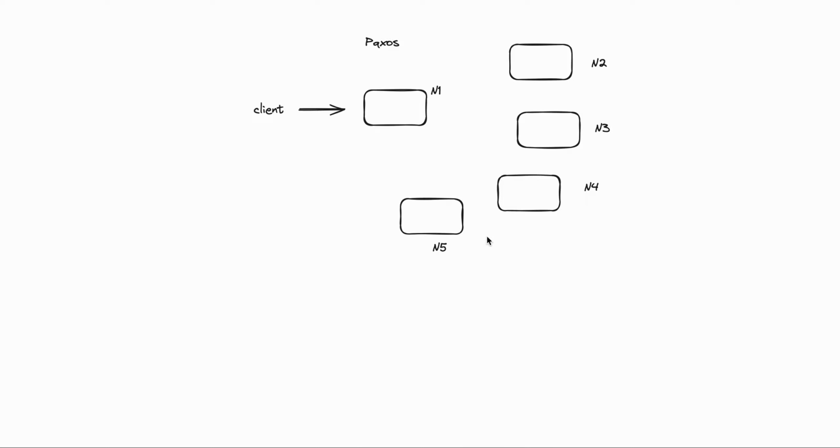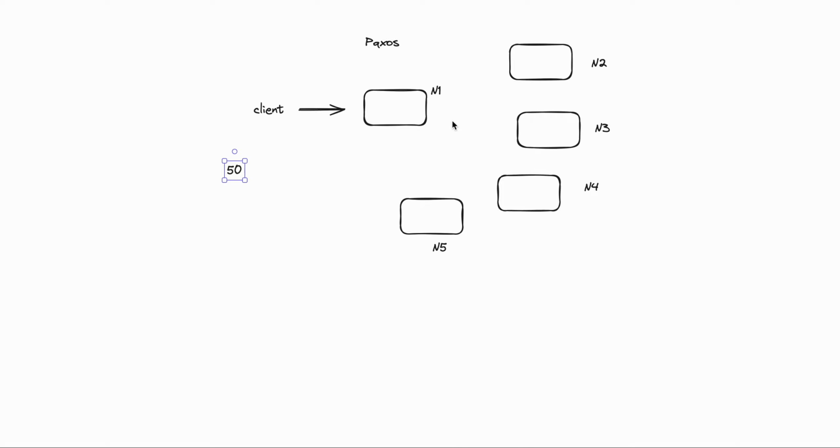Now we have a distributed system that is made up of 5 nodes, and the client is sending the request to some node. Let's say it's sending the request to node 1. Now node n1 has to decide some value. For example, here we have a value called 50, and this value should be agreed between all the nodes.